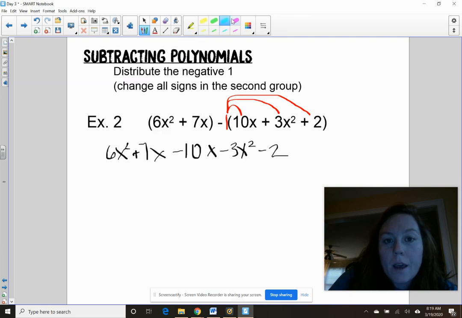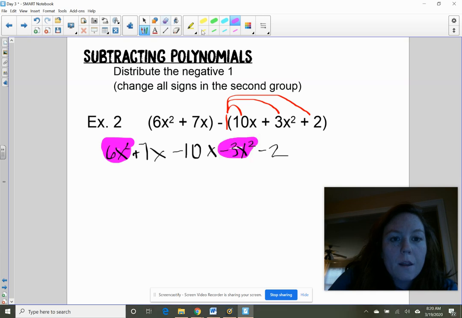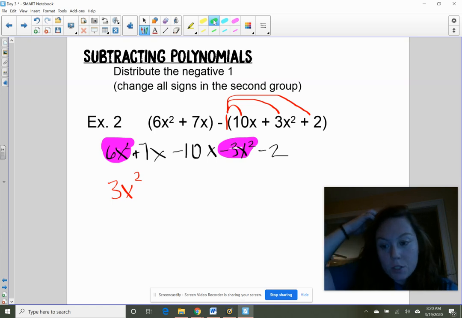Now all we do is just combine the like terms, just like we did on the last problem. I'm going to start with the x squared. So 6x squared and minus 3x squared. That makes 3x squared. All right. Next, let's do the x's.